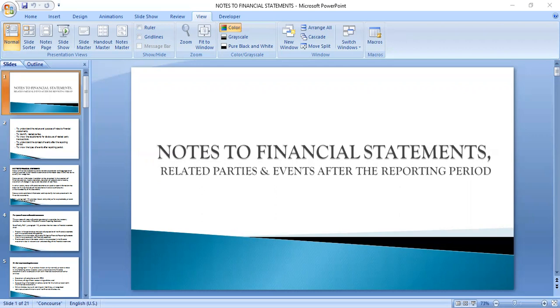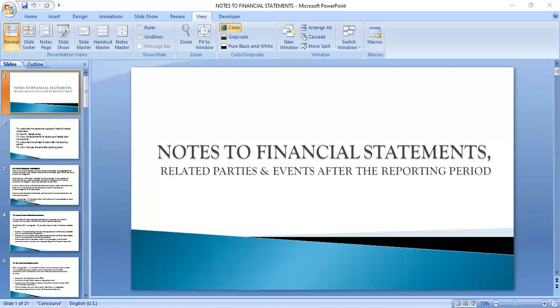Now, notes contain information in addition to those presented in the statement of financial position, income statement, statement of comprehensive income, changes in equity, and statement of cash flows.